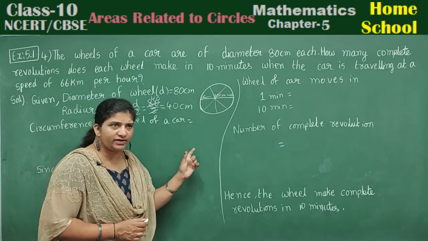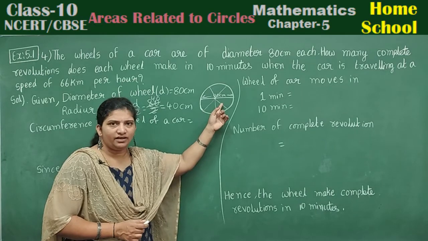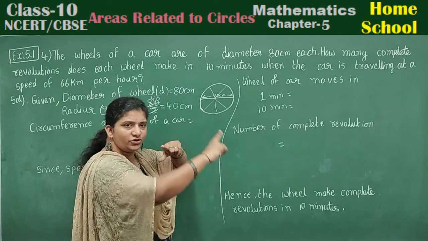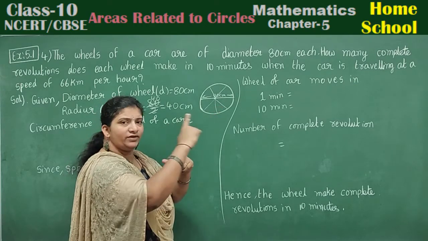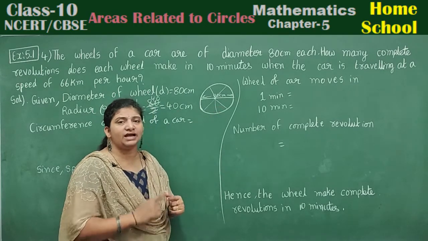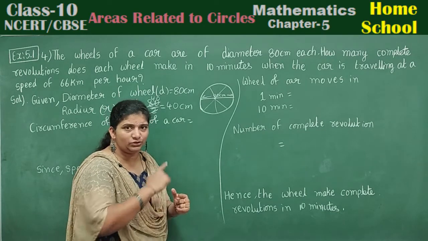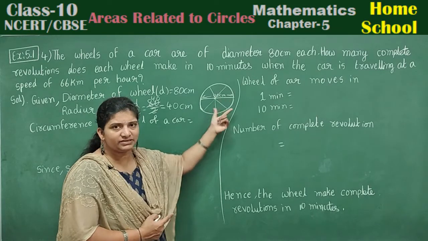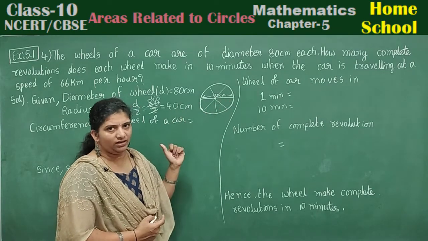Circumference, what is circumference? The outer ring. Right? When it is rotating, suppose it starts from here. When it is rotating, again if it touches the first starting position, then we may say that it has completed one revolution. So, we should find first the circumference of a wheel.